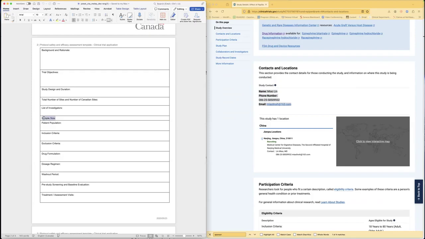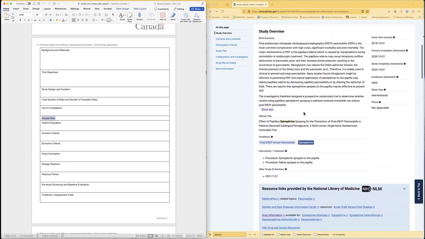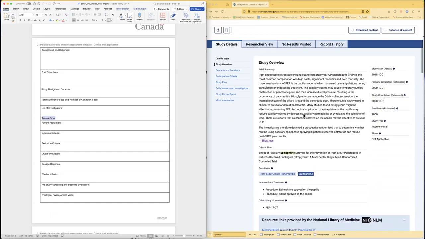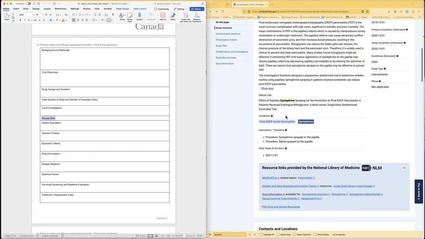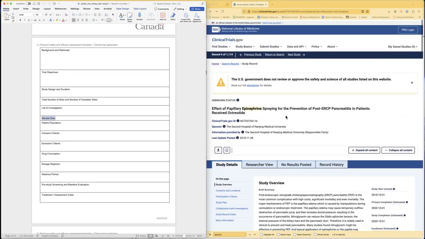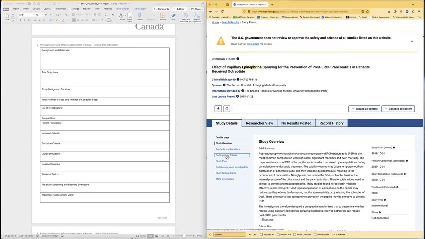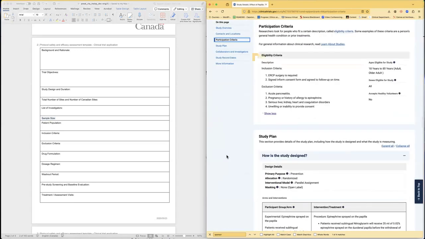Now, the other section is the sample size. The sample size is the number of patients. So we are going to see if we can find, of course, in this example that I chose, if we have the sample size or the study population. So participation criteria, I'm just going to look into whether or not we have, again, the number of patients.